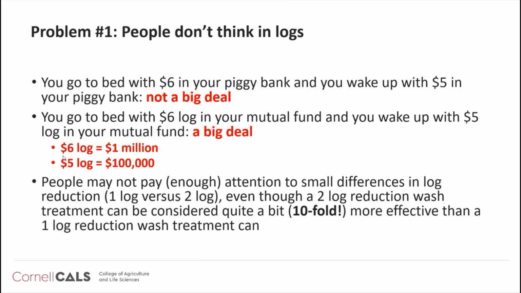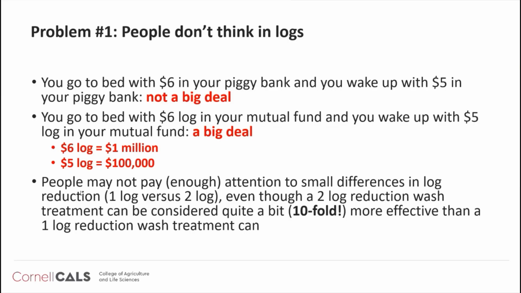People may not pay enough attention to small differences, might not think that 1 log versus 2 log is a big deal because they're thinking $1 versus $2, when we're really talking about 10 versus 100. Therefore, a microbial reduction process that gives you a 2-log reduction is substantially better than one that gives you a 1-log reduction, 10-fold better. You're not talking about a 1 to 2 difference. So the first thing is a communication and comprehension issue sometimes when we refer to logs.